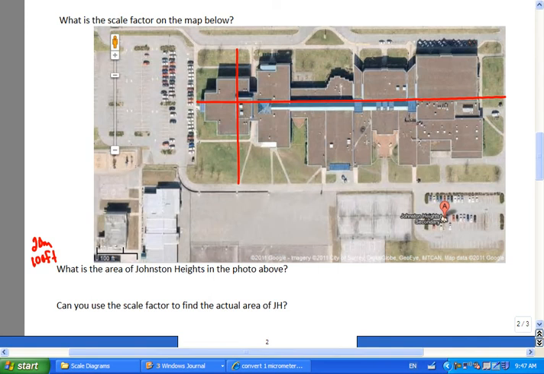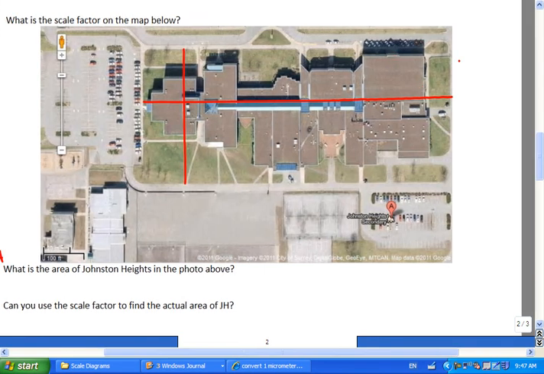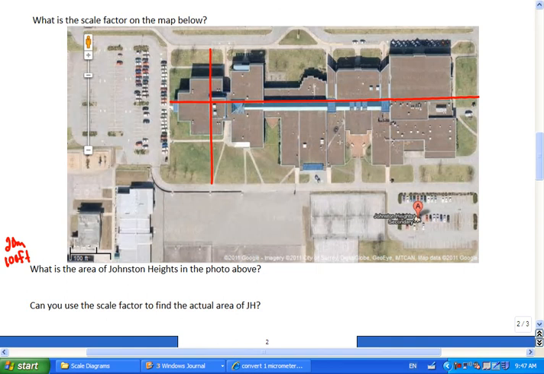This is 12 centimeters up to here. My ruler is not quite long enough, but then that gives me another, let's see here, 28. So this would be 148 millimeters.